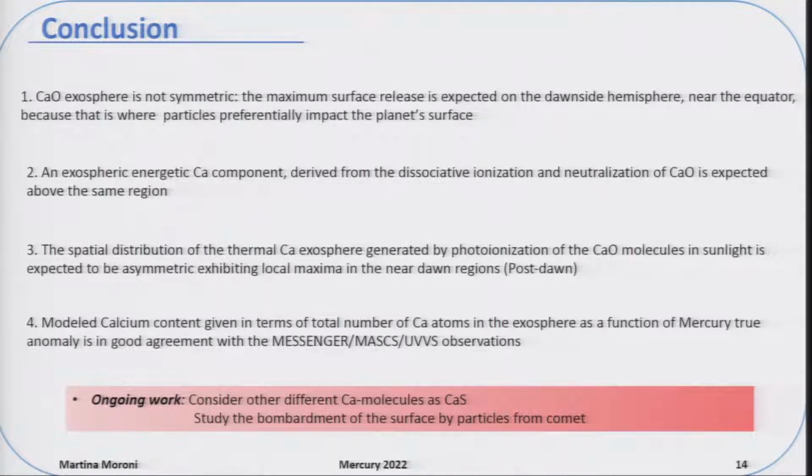We compared all this with the observation, and we can see that it was consistent. I said before what the future work is.